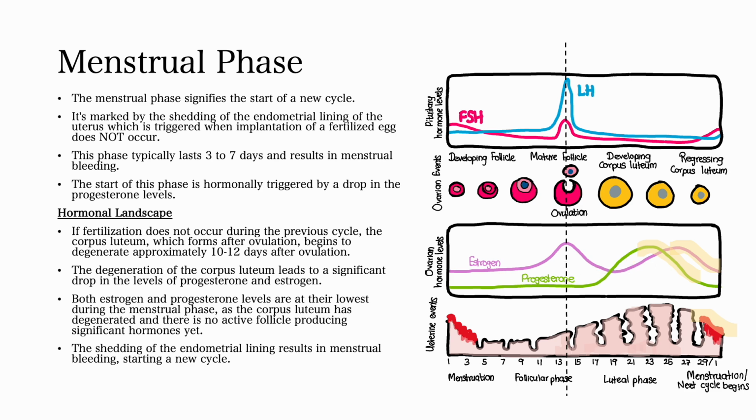Both estrogen and progesterone levels are at the lowest during the menstrual phase, as the corpus luteum has degenerated and there are no active follicles producing significant hormones. The shedding of the endometrial lining results in menstrual bleeding, starting a new cycle.